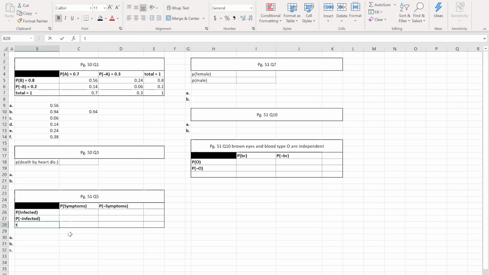It's not written here either, but these are just totals. And these totals are just really helpful for you to keep track that everything adds up the way it should, right? So look at this example. You want this to equal 1. You want these to equal 1. Infected, not infected should equal 1. Symptoms, not symptoms should equal 1. This over here should also equal 1.